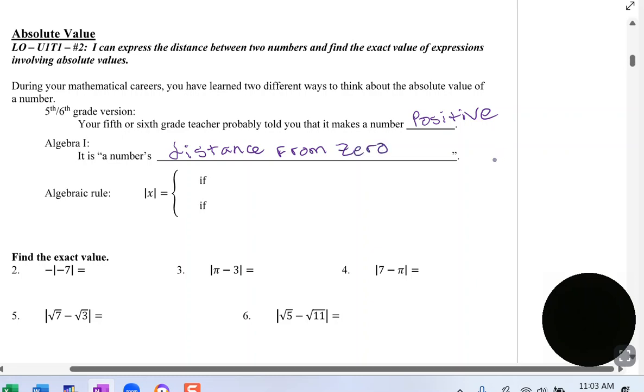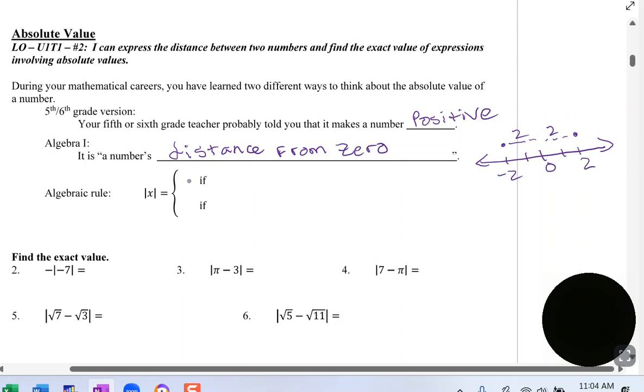And so that's why it's positive, because if you have 0 here, and you have negative 2 and positive 2, the absolute value of 2 and negative 2 are both 2, because they're 2 units away from 0.